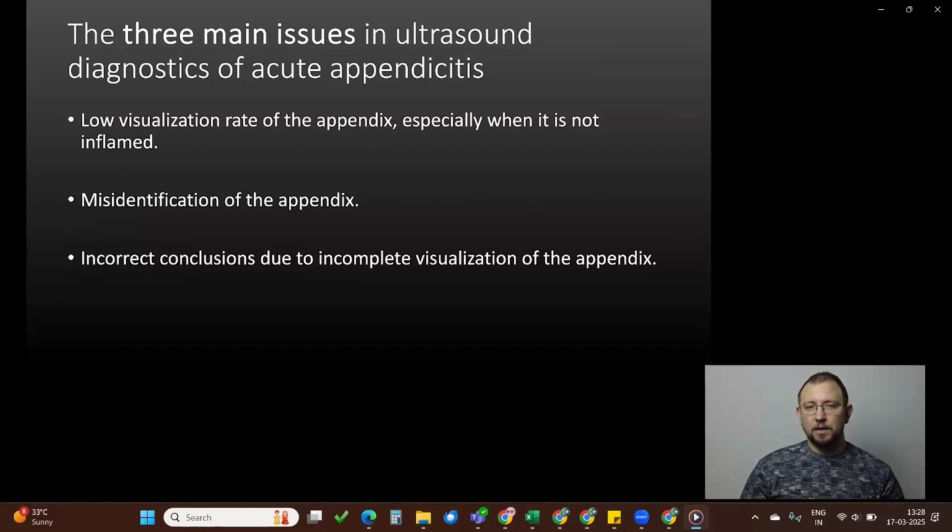I have dedicated my work to finding the answers to why ultrasound imaging of the appendix is so operator dependent and how this diagnostic method can be made more objective.